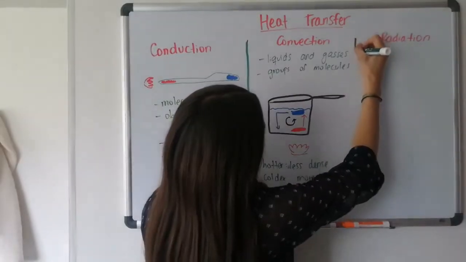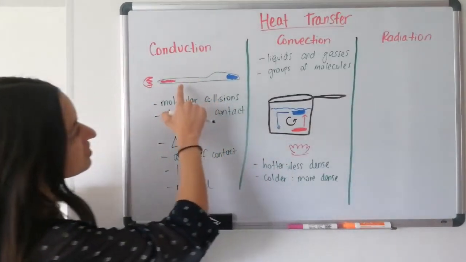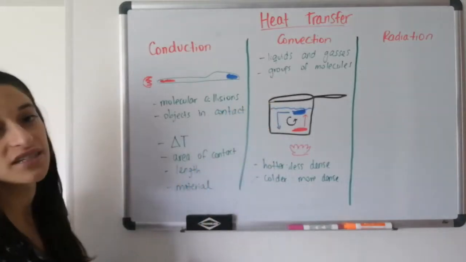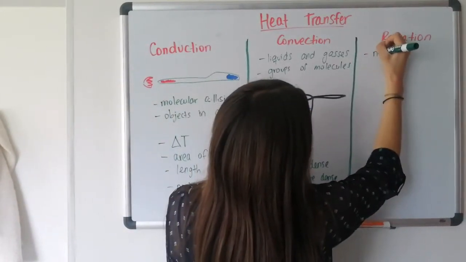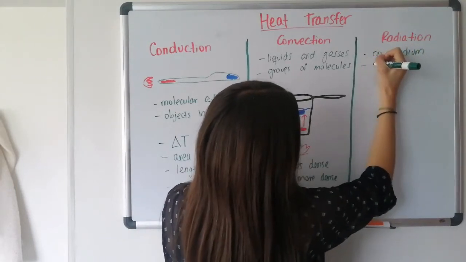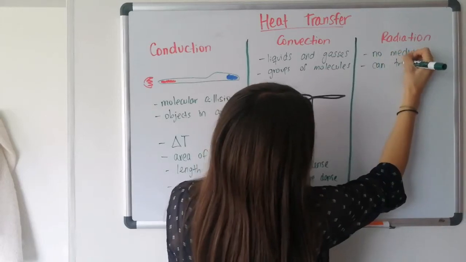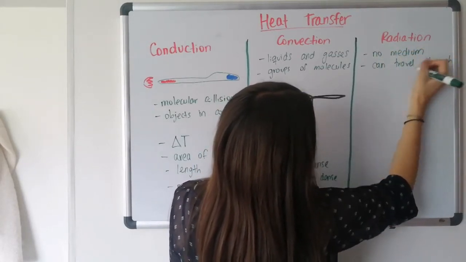And now the third one is called radiation. So radiation, this one was in solids, this one was in liquids and gases, and radiation doesn't require a medium. So no medium, it's the only one that can travel through a vacuum, or vacío.